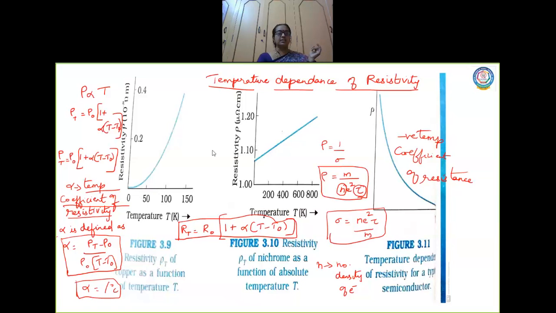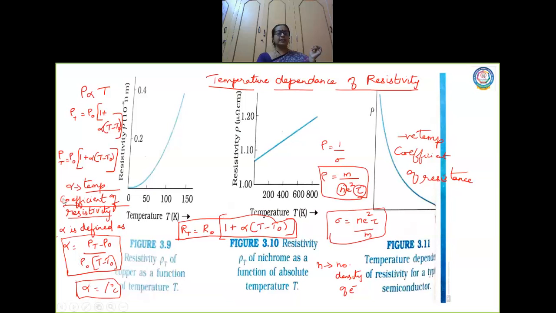For resistivity, we have given the formula rho t is equal to rho naught into 1 plus alpha into t minus t naught. Now this alpha is what you call the temperature coefficient of resistivity, and the unit for alpha is per degree Celsius.